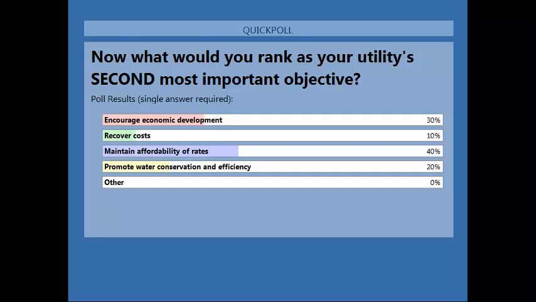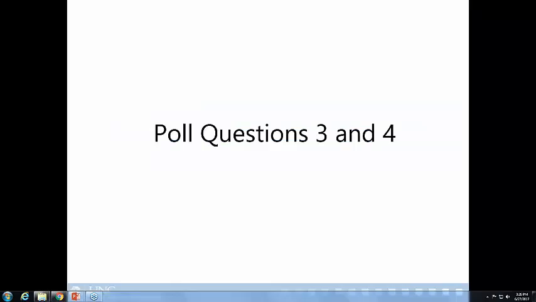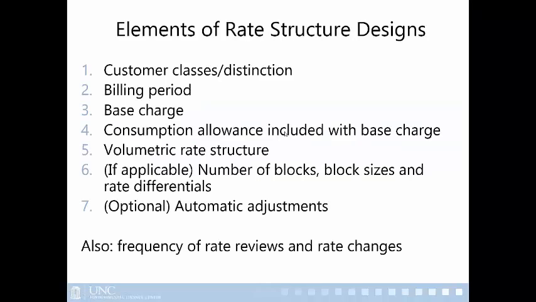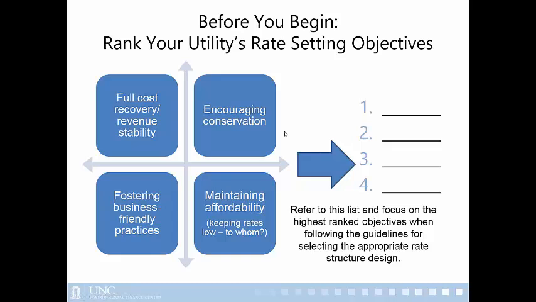Thank you for responding. The purpose of doing this, forcing you to go through this process of prioritizing and ranking them, is because when you set a rate structure design and you are faced with trade-offs, do I raise my base charge? Do I include more consumption allowance?